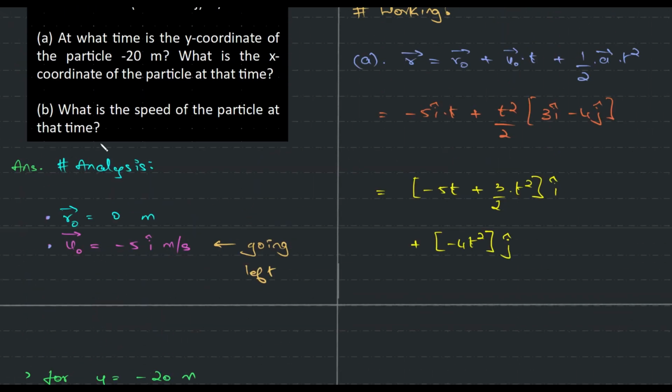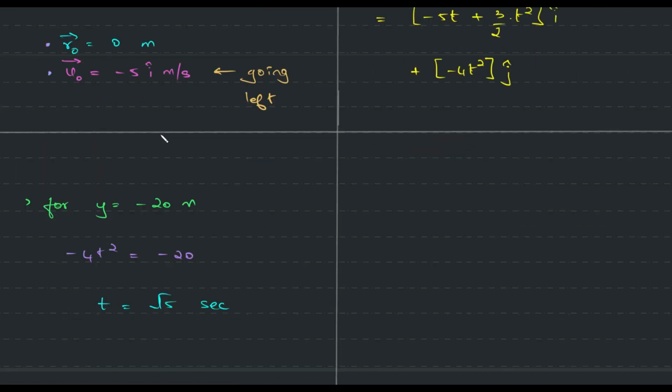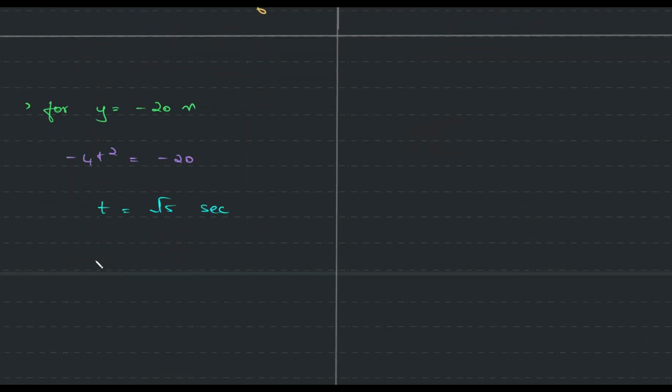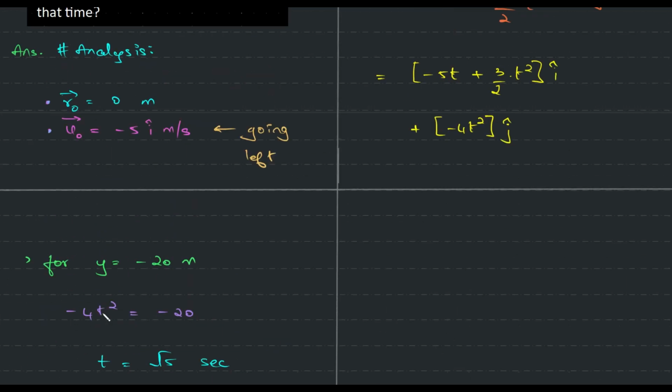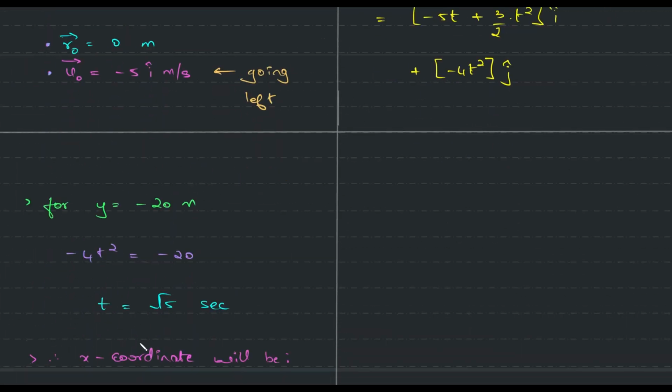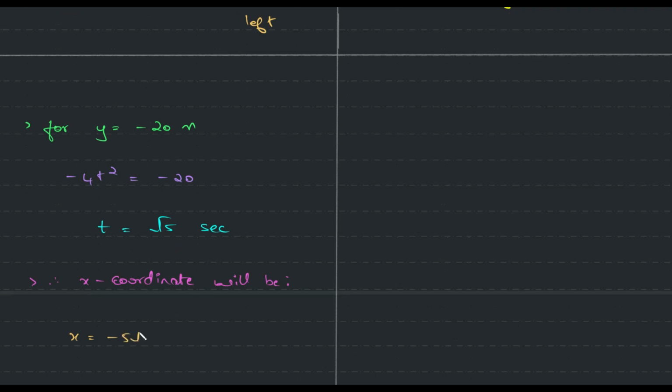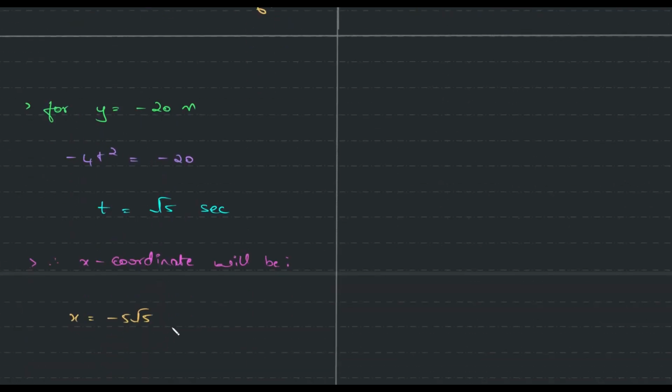What is the speed of the particle at that time? Oh, what is the x coordinate? Therefore, let me change the color. Therefore, x coordinate will be, yeah, x is equal to minus 5 root of 5 plus 15 by 2.